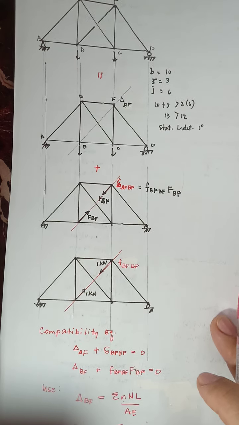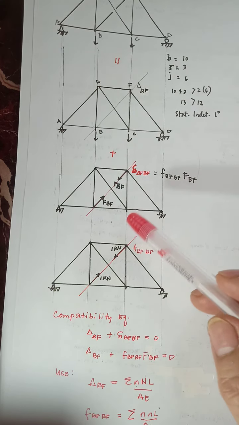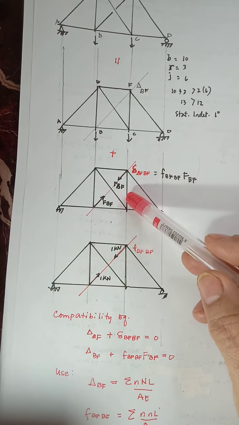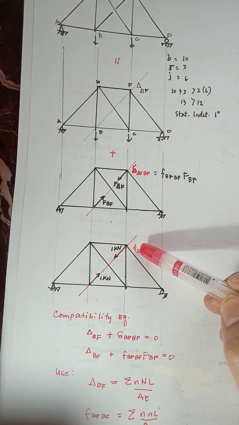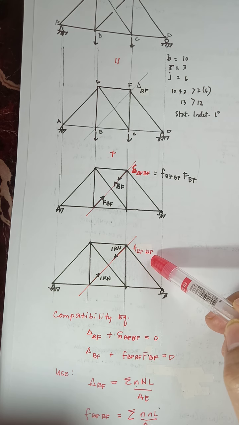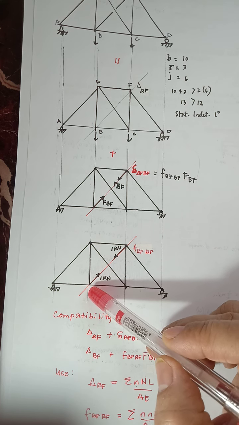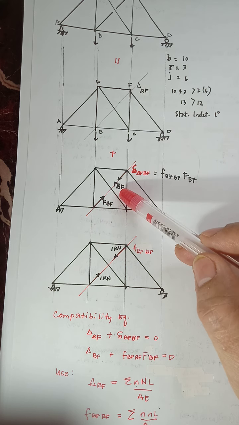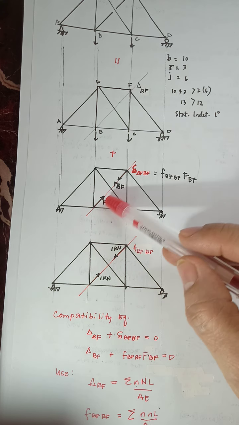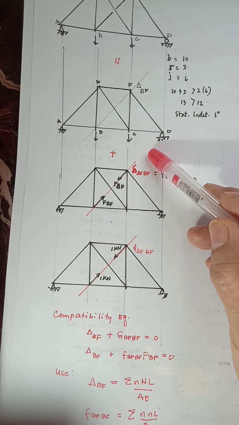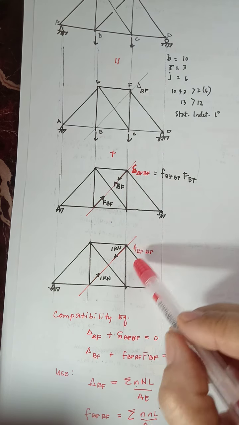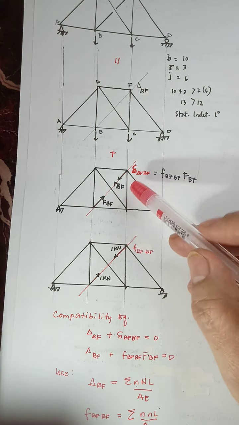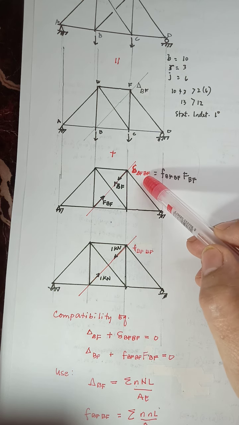These two configurations or trusses are similar, right? If this is the displacement f BF BF due to a pair of unit load, and you apply it to the bar force F BF, it will produce a displacement. If this is the displacement due to a pair of unit load, they have the same configuration, and this is delta BF BF.